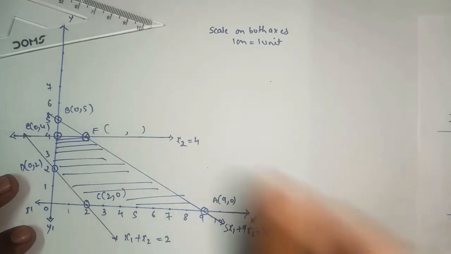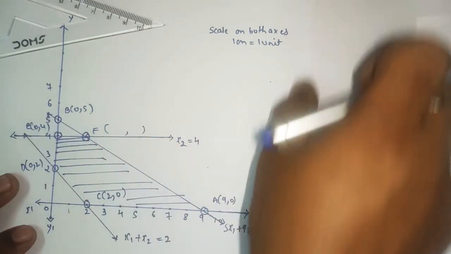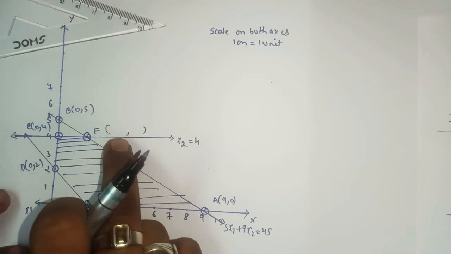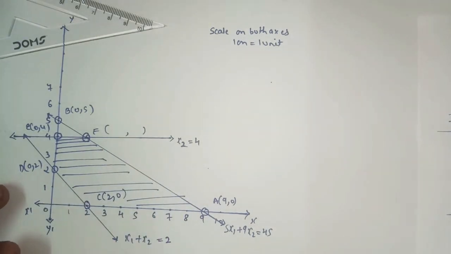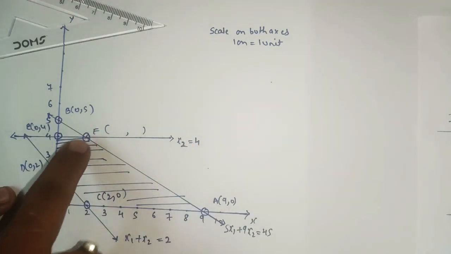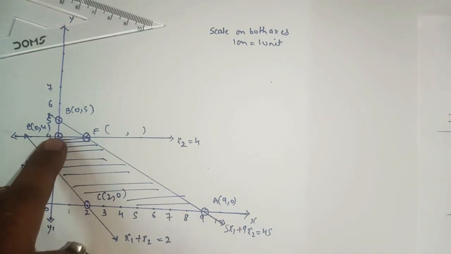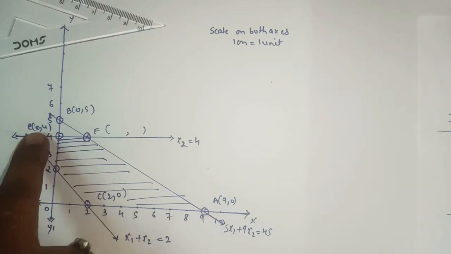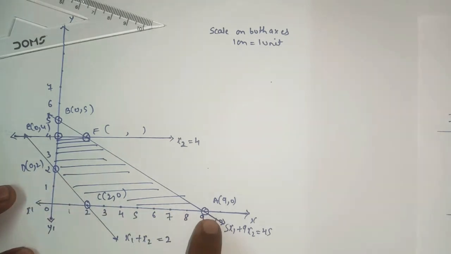Okay, so now as here we'll get the point of intersection between these two lines, solve that part, write the point. So here we are getting how many points? Here we are getting four corner points, the four vertices we can say, 1, 2, 3, 4, 5. For this we have the point 0 comma 4. For this it is 0 comma 2, 2 comma 0, 9 comma 0.